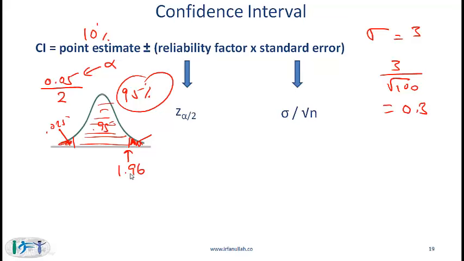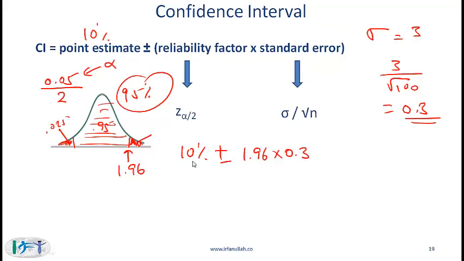If your manager says that he wants 99% confidence, then clearly we will need a higher reliability factor. But let us just come up with a range given 95% confidence and given this value for the standard error. Essentially, our answer becomes 10%, which is our point estimate, plus or minus the reliability factor, which is 1.96 times 0.3.